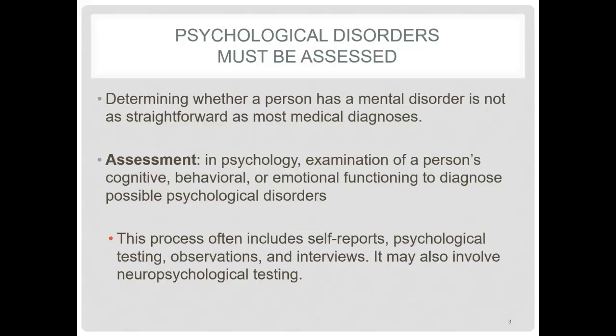That's actually one of the big criticisms of the anti-psychiatric movement, that there's no medical testing. That's not so much true, but no, we can't take a blood test and diagnose schizophrenia or bipolar disorder or personality disorders.